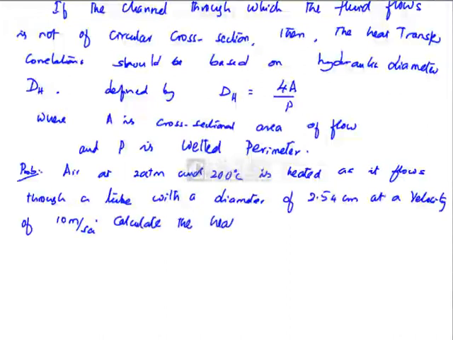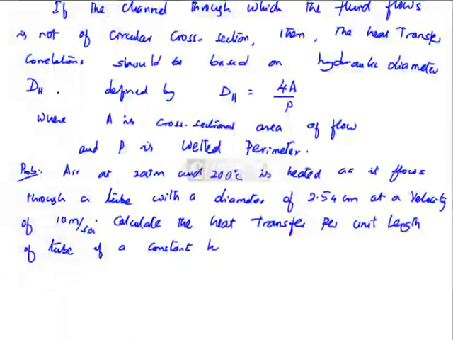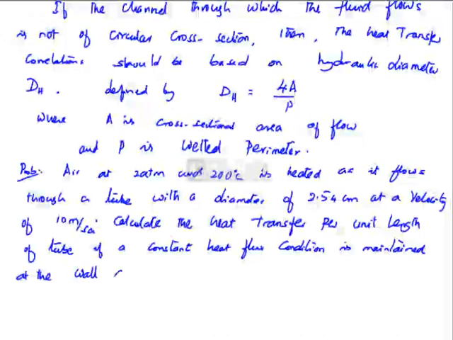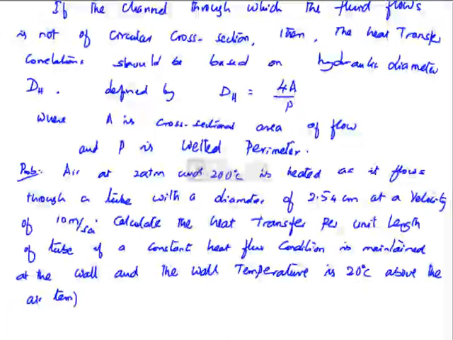Calculate the heat transfer per unit length of tube if a constant heat flux condition is maintained at the wall and the wall temperature is 20 degrees centigrade above the air temperature all along the length of tube.